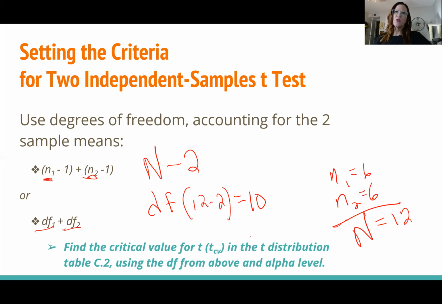It's talking about the total number of observations in the entire study. That's where we see some of our notations used interchangeably, so you need to be careful. When you set that criteria, you find the degrees of freedom and then go into your appendix, the t distribution table, which is C2. Using the degrees of freedom and the provided alpha level, and determining whether you're using a 1-tailed or a 2-tailed test, you find the critical value. We will go through one together, and it'll help you navigate this.